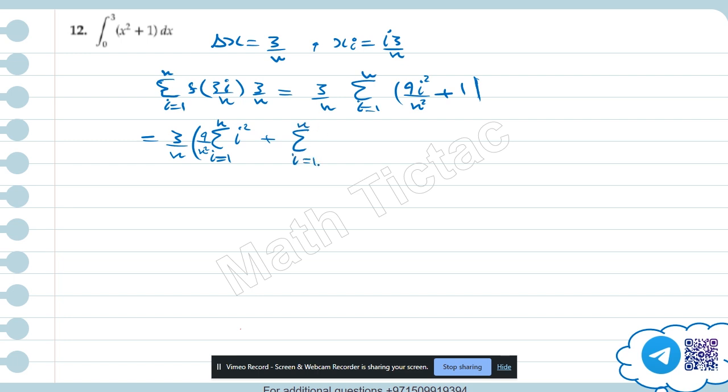Okay, so now let's simplify this. So 3 over n. Now over here we have a 3, 9 over 3, which is 3, 6 over 3, which is 2, and the square with n eliminated. So we can multiply n plus 1 multiplied by 2n plus 1.